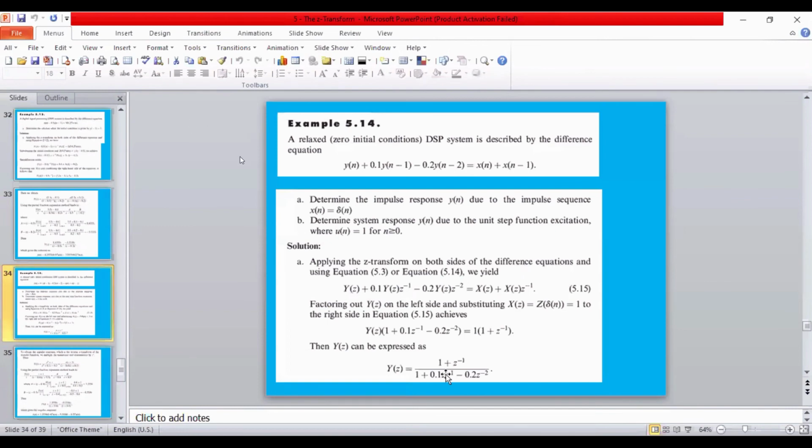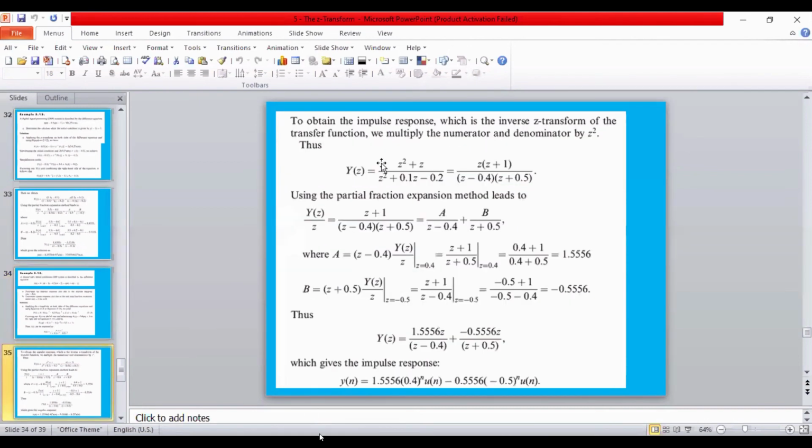Again, we have to get rid of negative powers of z, so we multiply numerator and denominator by z squared. This is what results. And now we know that we can split this polynomial into 2 parts like this, okay?